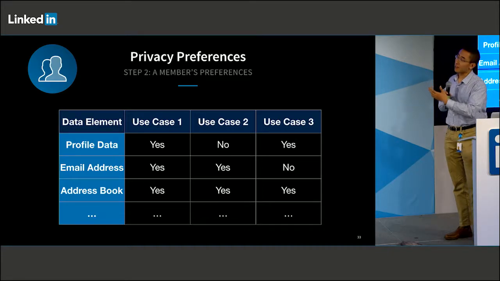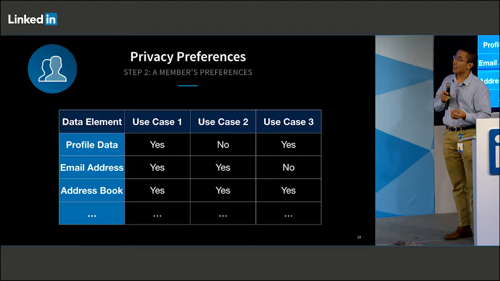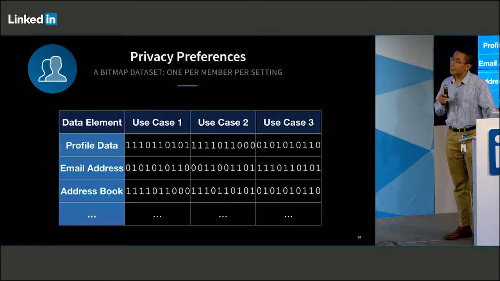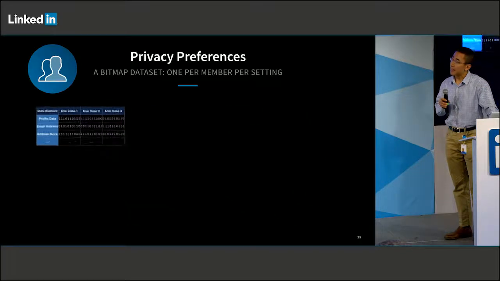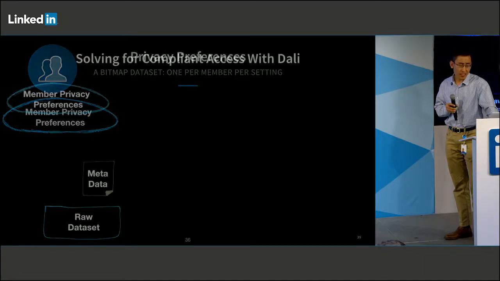And so for each of these dataset and use case combinations, we store a bit, opt in or opt out, for every user. So what you get is each one of these cells gets replaced with a bitmap. And we're storing a bunch of bitmaps for each cell in this table. And this is our member privacy settings.